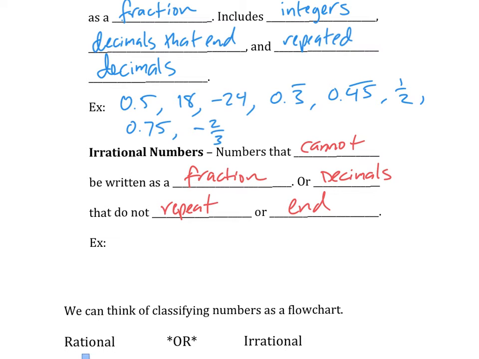For example, pi is an irrational number. It goes 3.141592, etc. It just keeps going and going. And then square roots of non-perfect squares are here, like the square root of 26, for example. So the square roots of non-perfect squares are going to be irrational numbers as well.